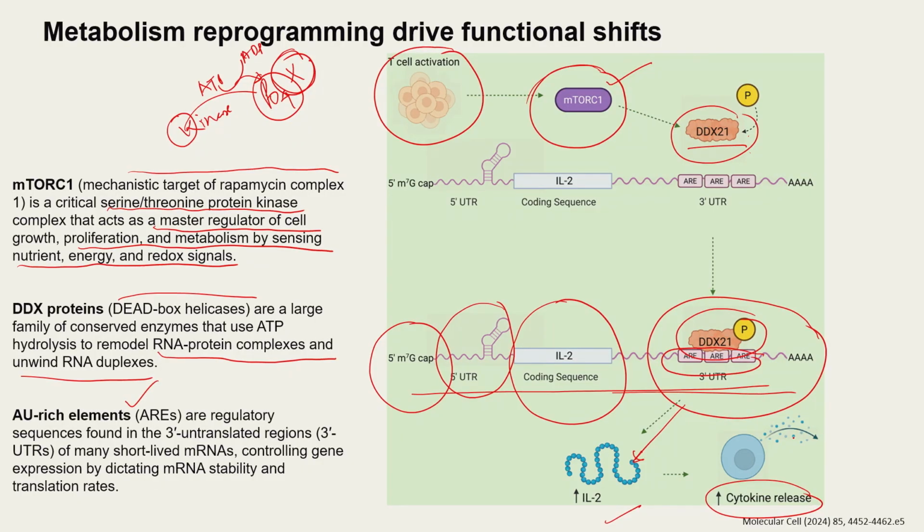We just gave an example of mechanistic target of rapamycin complex 1, which is a kinase that can phosphorylate another protein to control the protein expression and cytokine regulation in a specific T cell population. And by doing this, it can control the cellular homeostasis in the immune cells.